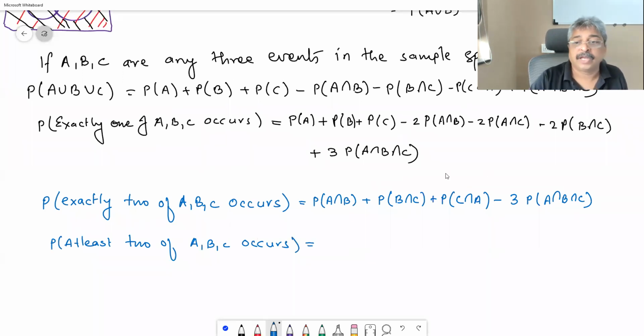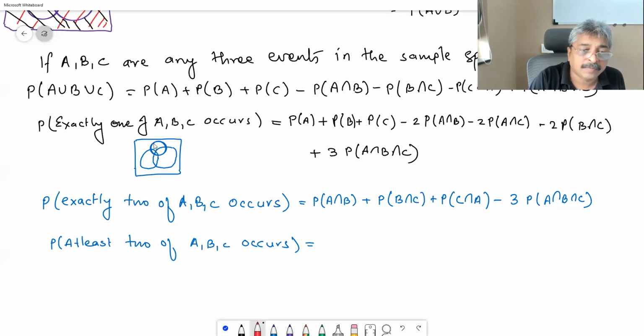Meanwhile, I will draw the diagram for this one. Maybe for the first, the diagram will look like this. There is a sample space. There are 3 circles, A, B, and C. There is a common area. And then what you want is exactly 1. So we want this. We want this. And we want this. This is the first diagram.